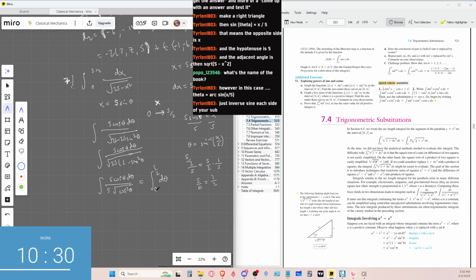That's 0. So we're just left with theta from a half to a 0, leaving us with just a half.